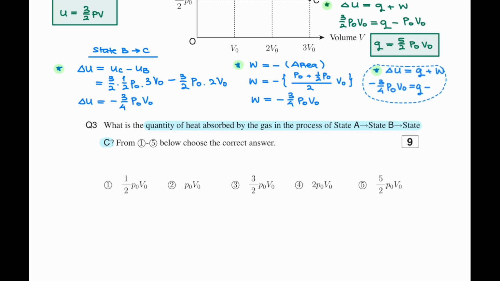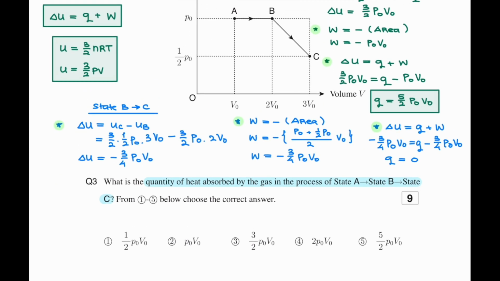That means for this second process, my Q equals 0. That means there is no heat absorbed by the gas.